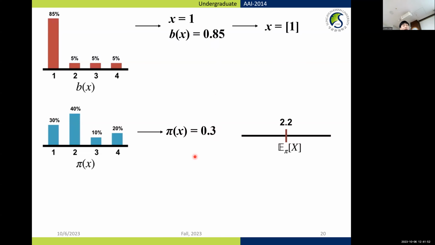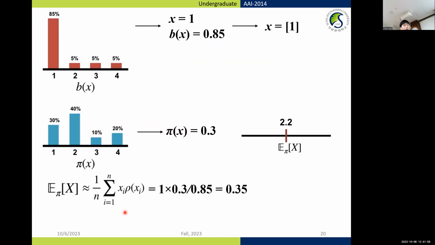With these three values, we can calculate the first result of importance sampling based on the approximation we derived previously. We use x times the ratio between these two values, pi x divided by Bx, which is 0.3 divided by 0.85.